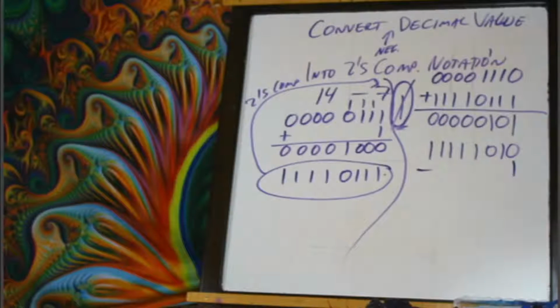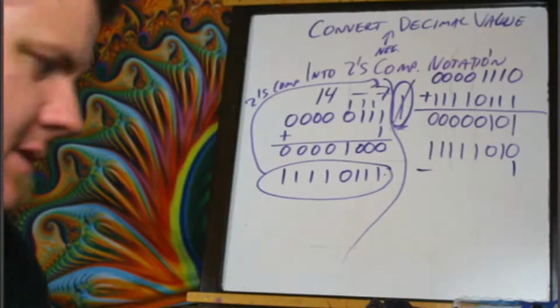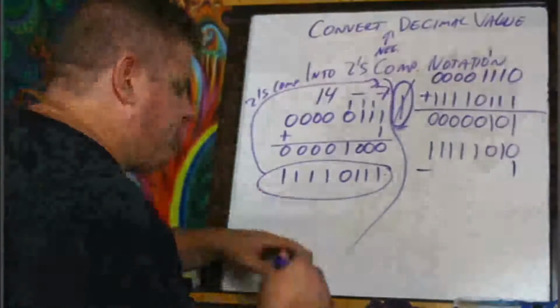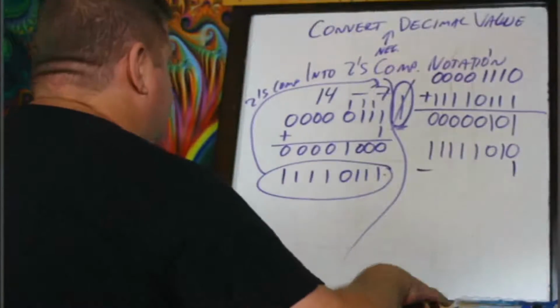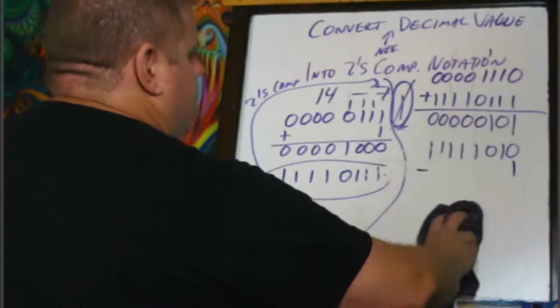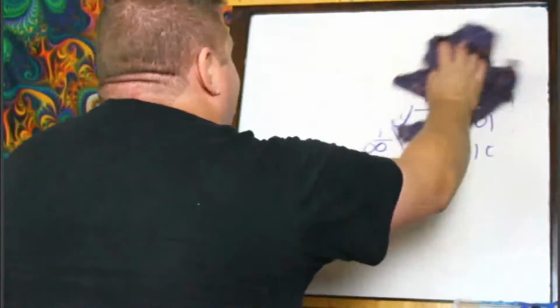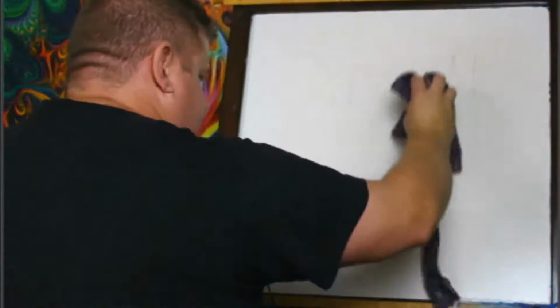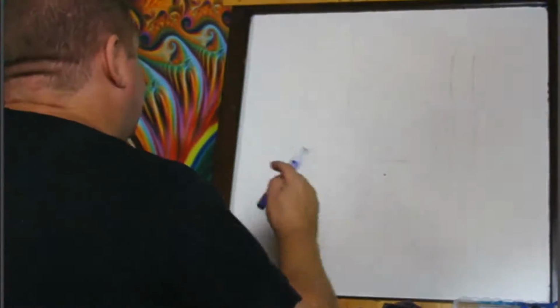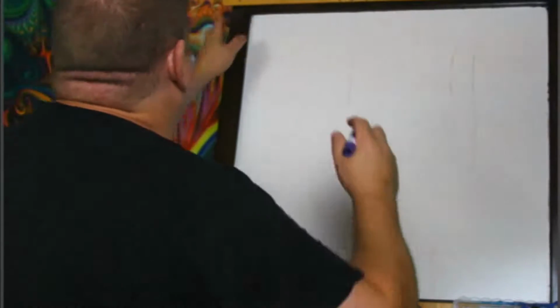Oh, I see what I did wrong. Dagnabbit. Let's do this. I got the order of the two backwards. I kept thinking there's just something not right.